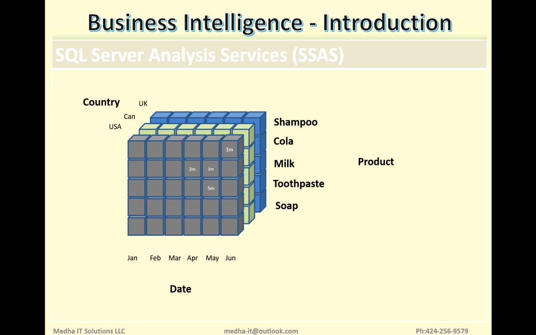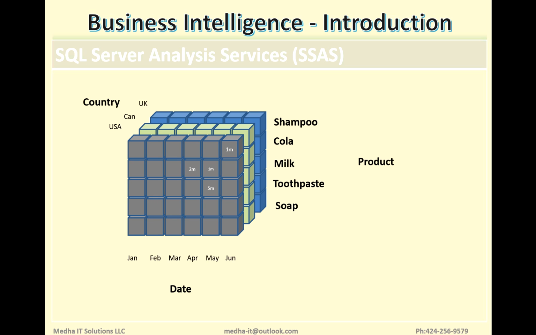So this is just an illustration of how the cube looks and what a cube is. So a cube by definition consists of dimensions and measures. Dimensions are basically a component within the cube using which you can slice the measure. Measure in the sense, measure is nothing but a fact. So let's say sales data, right? Sales quantity or sales amount.